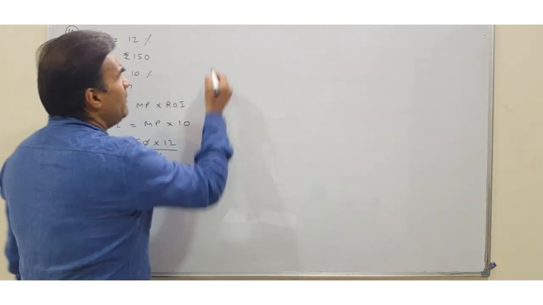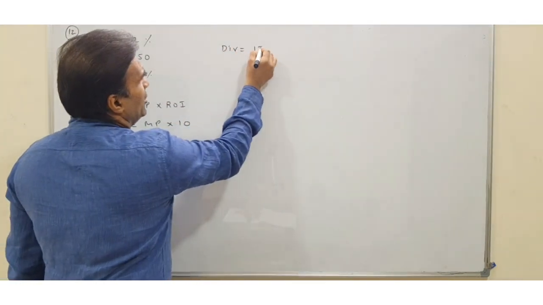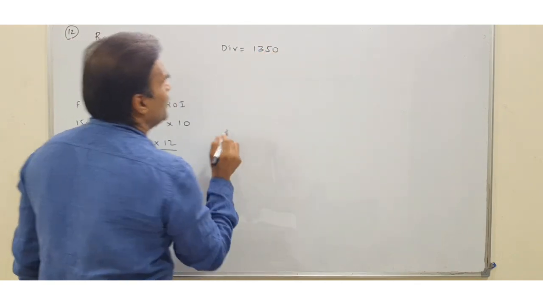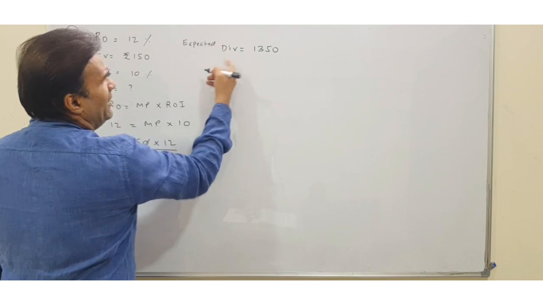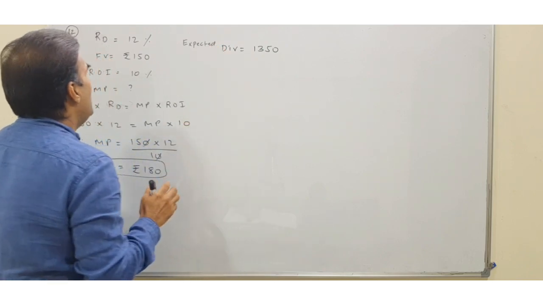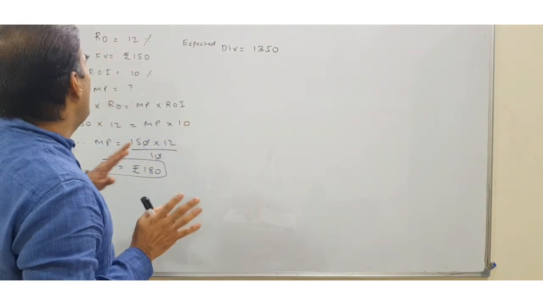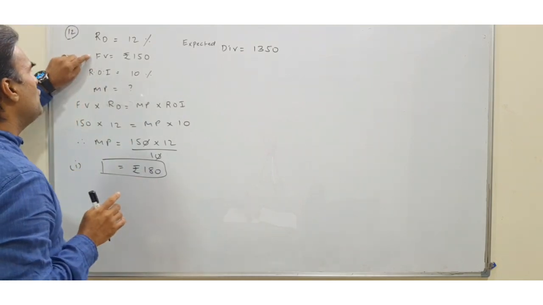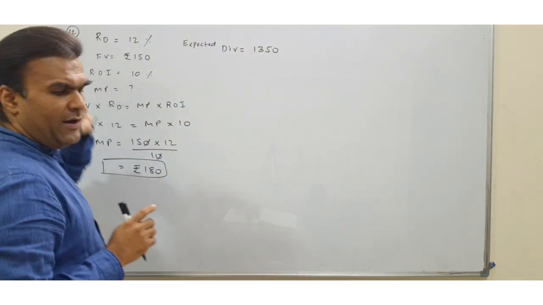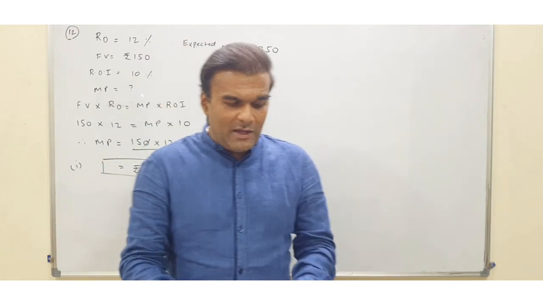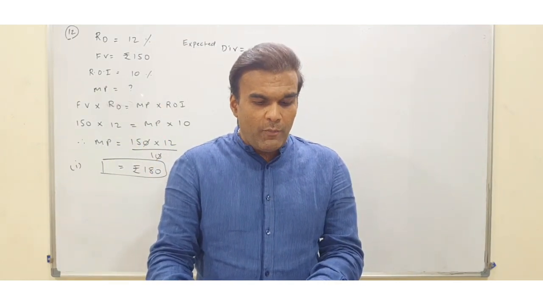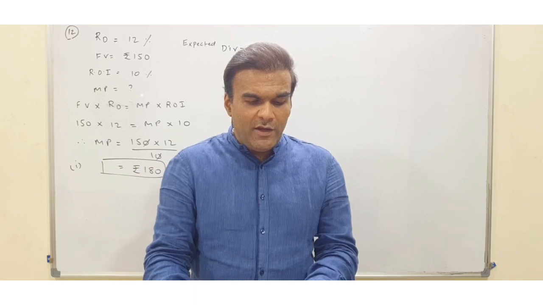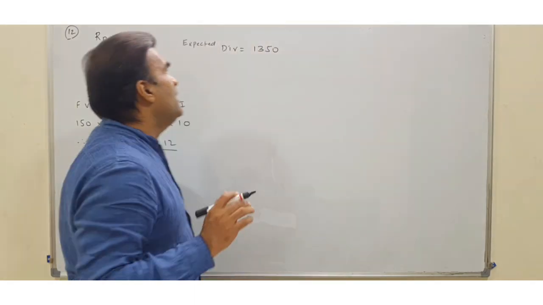So the expected dividend is 1350. We have all the relevant information with respect to face value and rate of dividend. So we can use that data to find the amount to be invested to obtain an annual dividend of 1350.